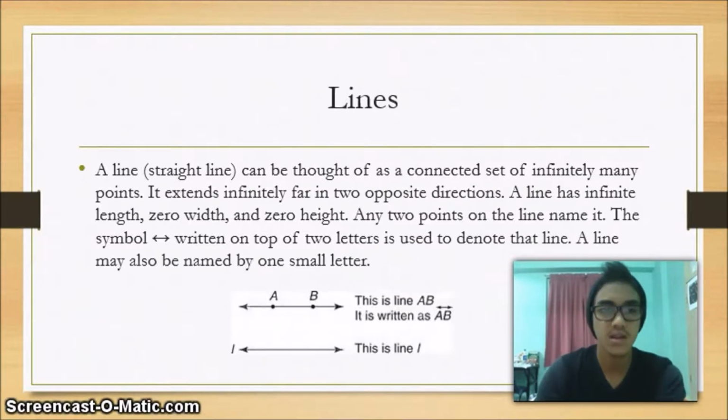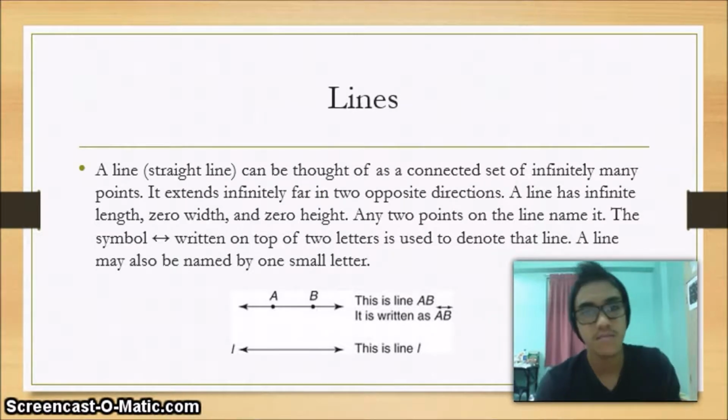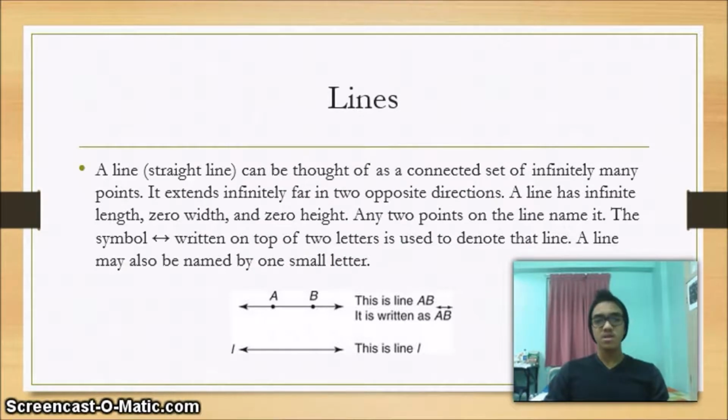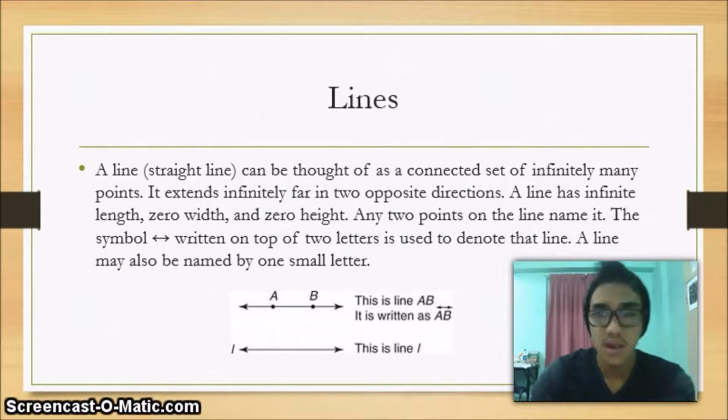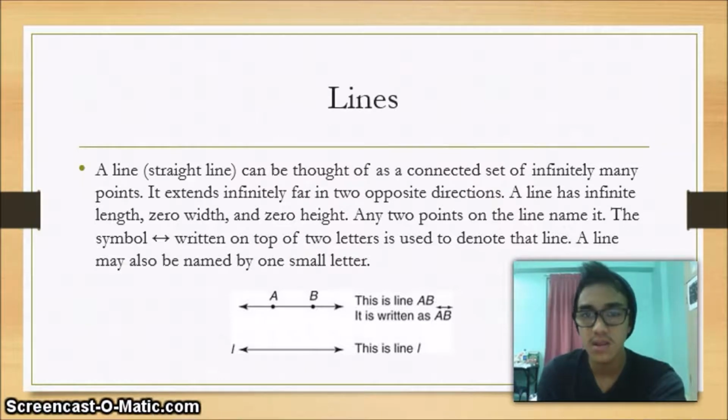So next is the line. A line, or a straight line, can be thought of as a connected set of infinitely many points. It extends infinitely far in two opposite directions, and a line that has infinite length has zero width and zero height. At any 2 points on the line, name it.